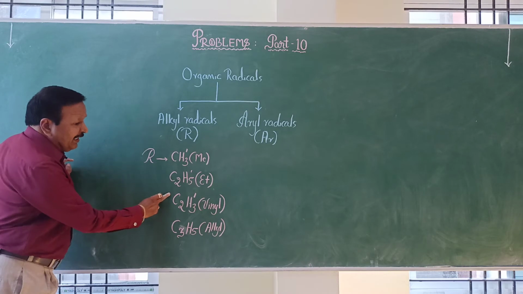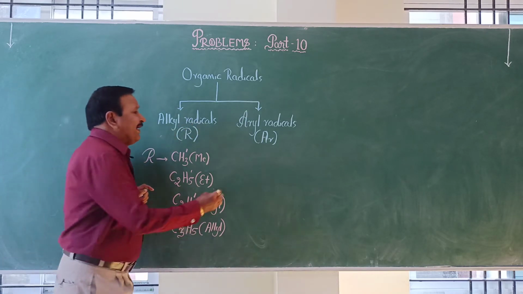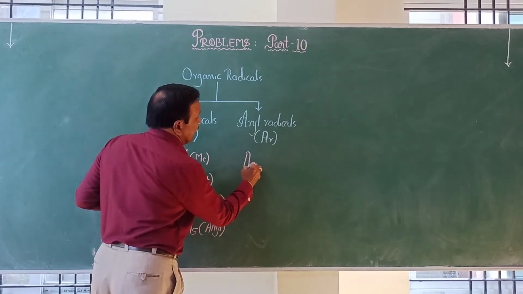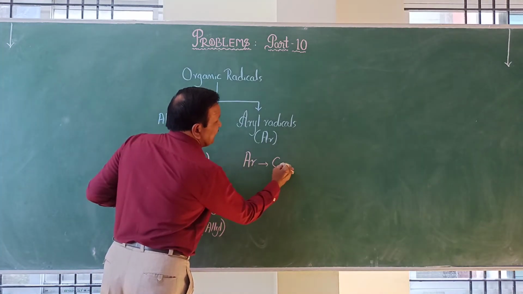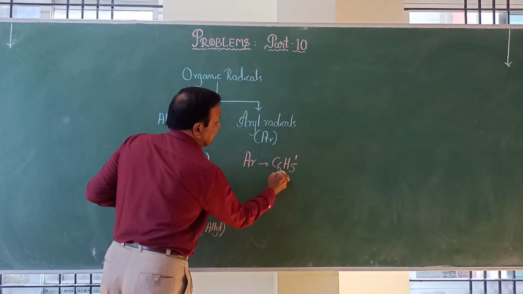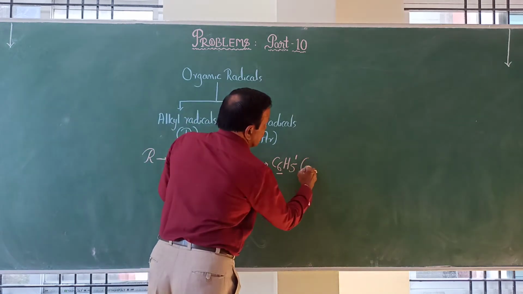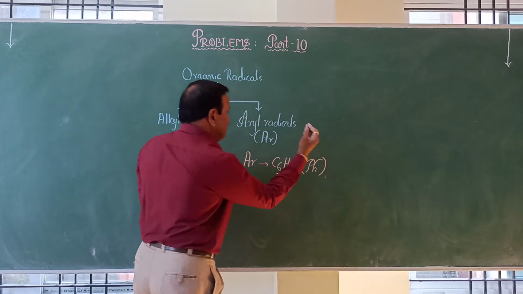This comes under double bond, this comes under single bond, and in aryl radicals you are having only two ARs. So one AR will be C6H5. Remember, this is called phenyl, shortcut is PH.